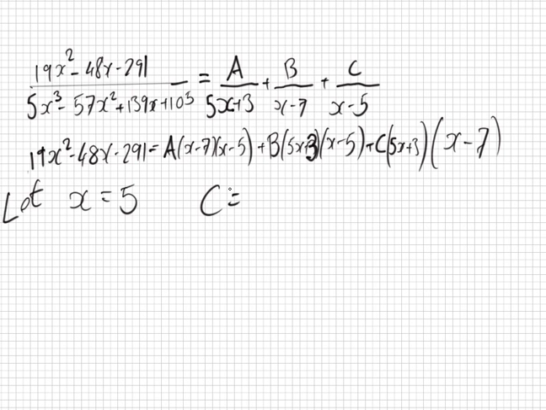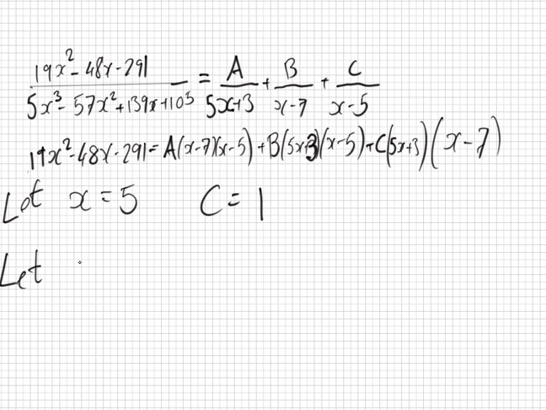Minus 48 times 5. Minus 291. And then, what did I say? 5, so that's 28 there, and then 5 minus 7, minus 2. So after all that, 1. What did you get? You get 1. Good for you.